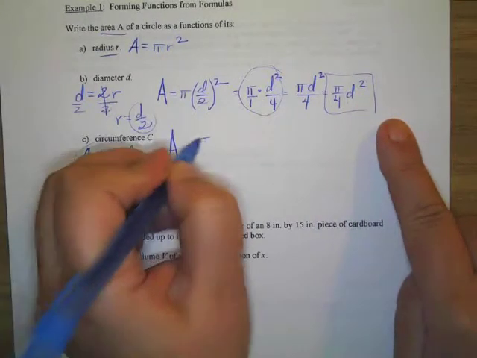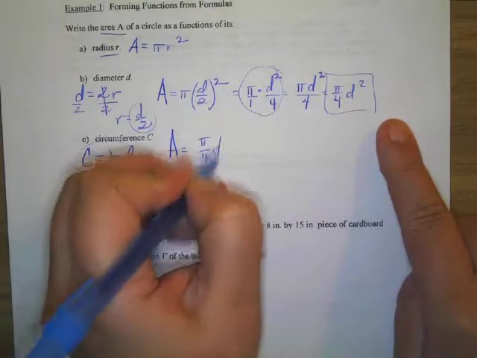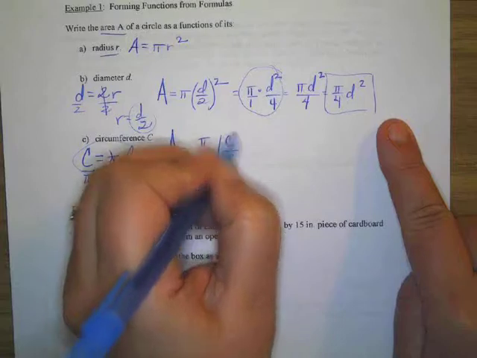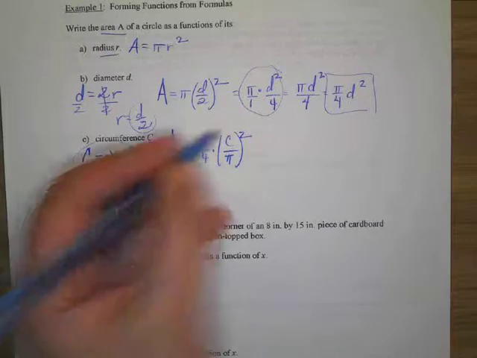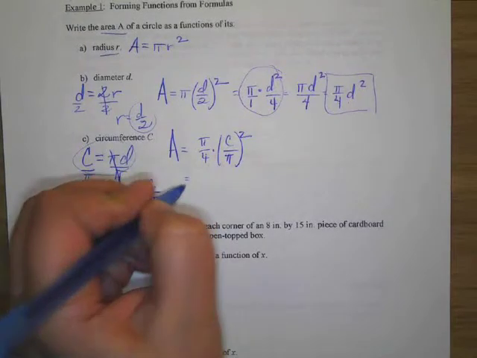So area equals pi over 4 times c over pi squared. Now if you cancel your pi's without doing the square first, that is a big no-no. Don't do it. It is illegal. No, no, no. We got to square it first. So what's c over pi squared?